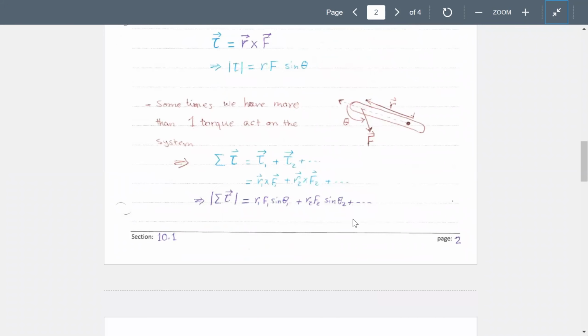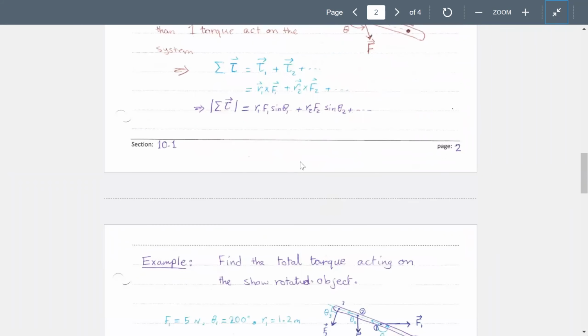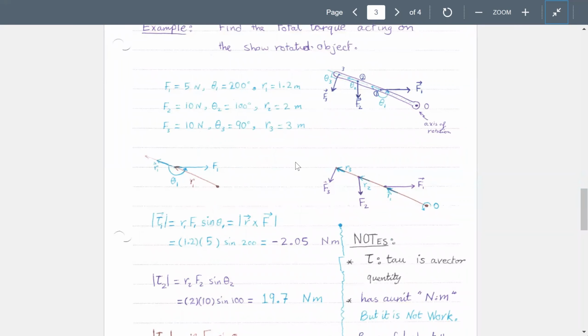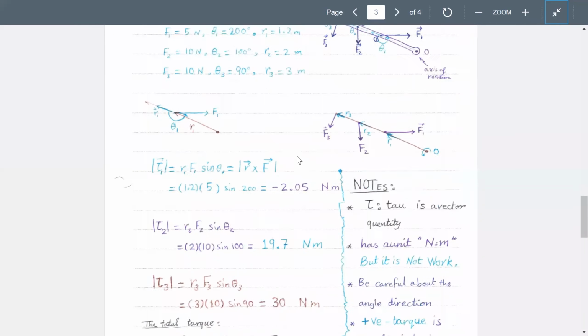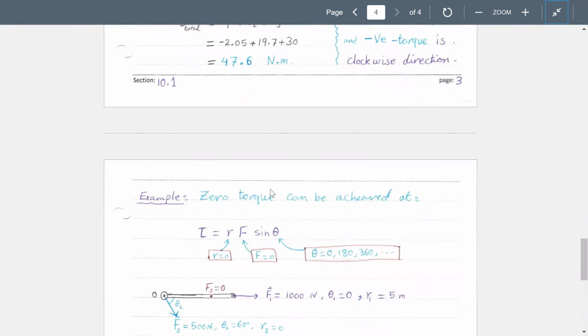Okay. And we can add torques together just as we did for the force. And we solved an example and we found the total torque, which means we found the total rotational force, and it has a direction, and its unit is newtons multiplied by meter, as you see here.